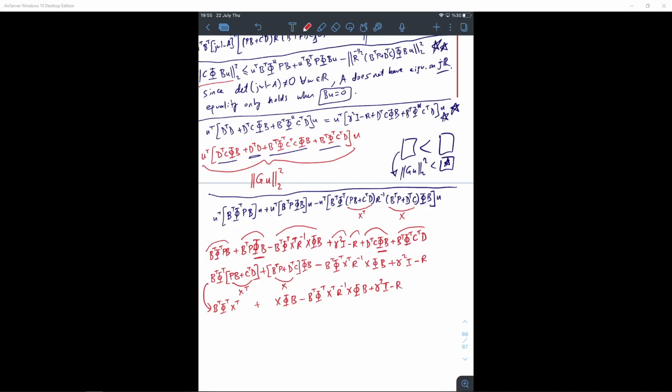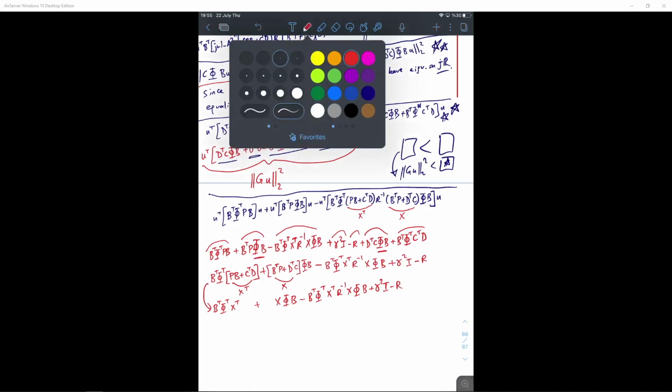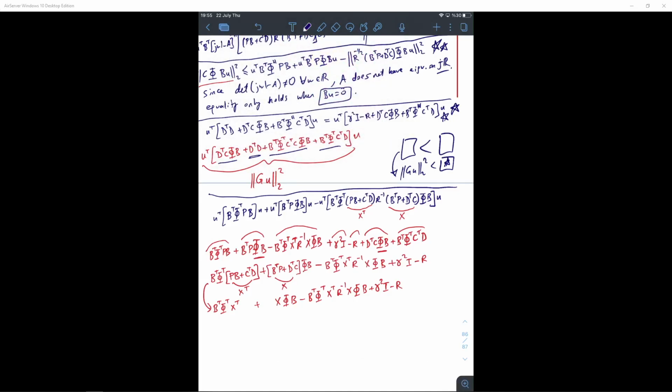At this point, we can just write identity here, right? Something times identity equals that something, and R inverse times R equals identity. So I can write R inverse times R, and this will be a valid operation, considering that we are being careful with the dimensions.